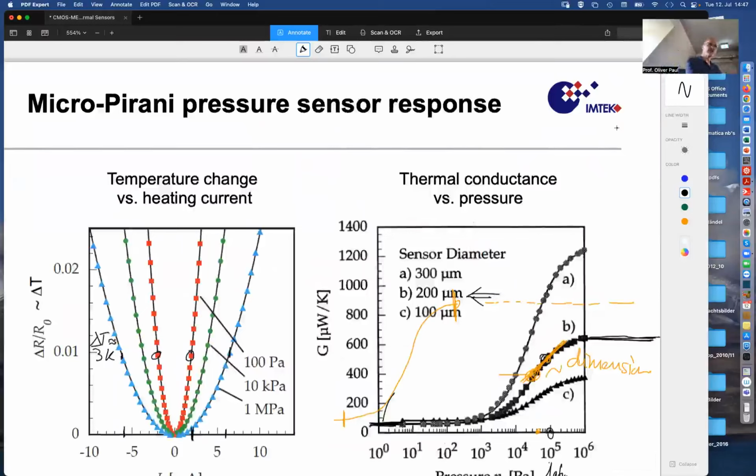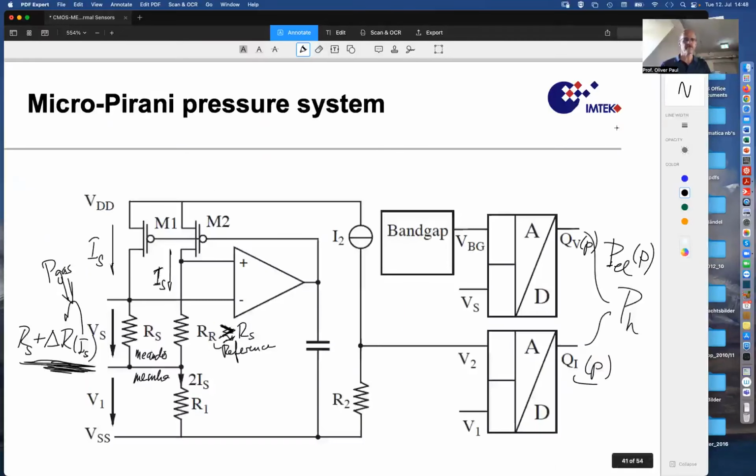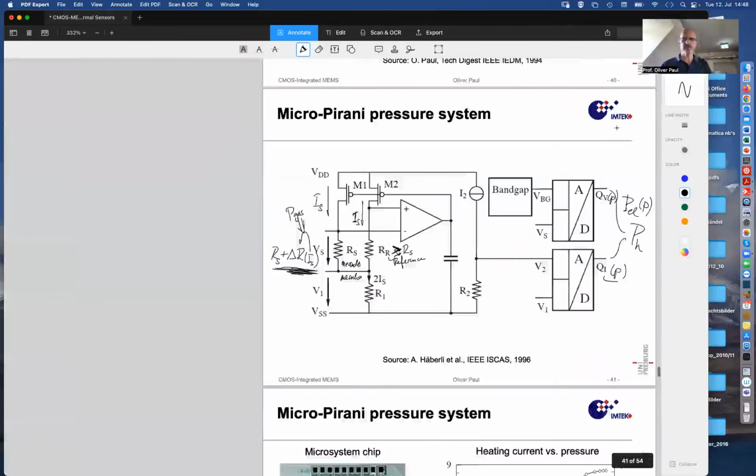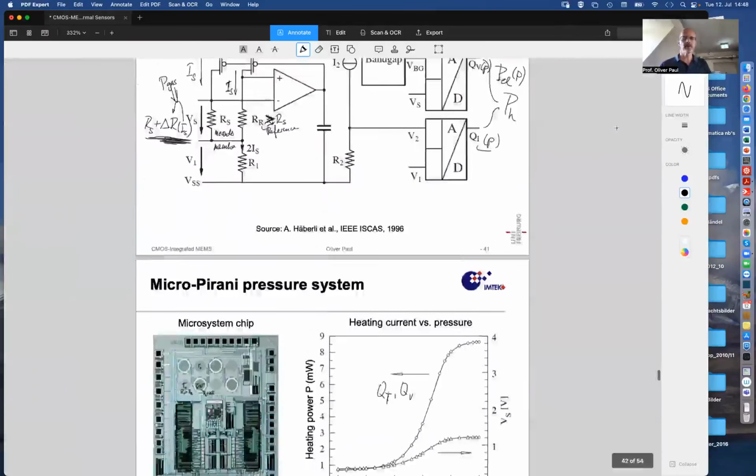This is something which I did electrically, sending in some currents and trying to make the temperature constant, or measuring the thermal conductance, actually measuring the delta T for a given heating power as a function of pressure. So this is an early pressure sensor.